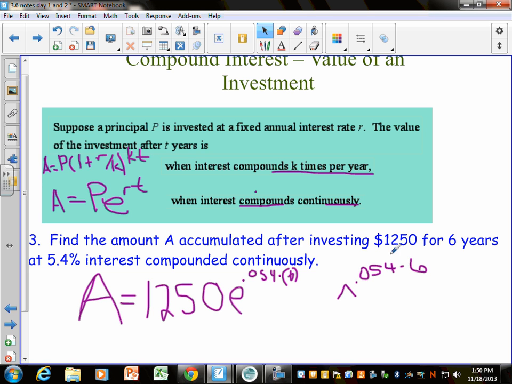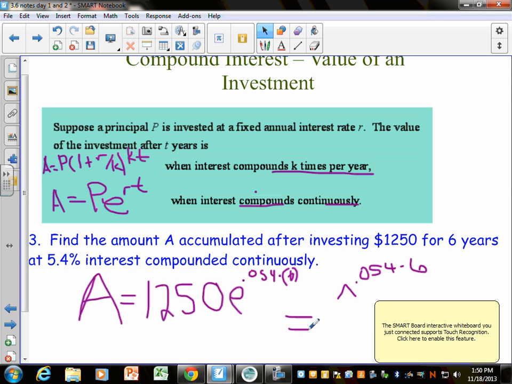Don't close the parenthesis after 0.054, or it's not going to take it off the exponent. I got 1728.